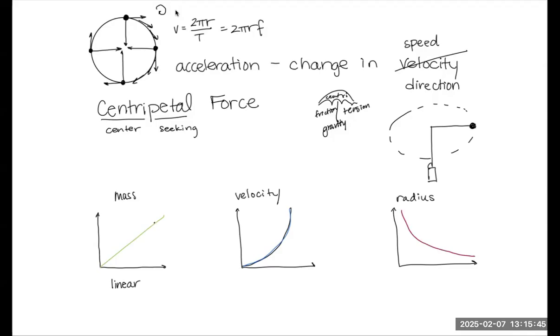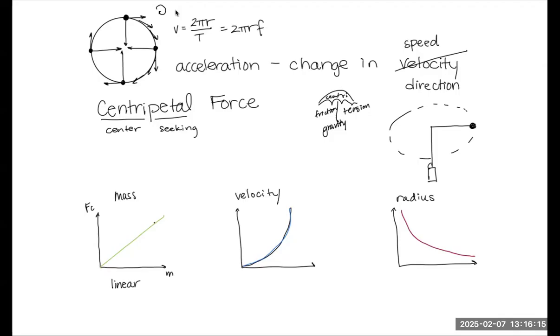First of all, mass. It means that the more mass my object has, the more force I need to keep it moving in the circle. And if you think about this, like swinging a light thing, swinging a heavy thing, oh, the heavy thing is going to be harder. That makes sense. And so increasing the mass increases the centripetal force.